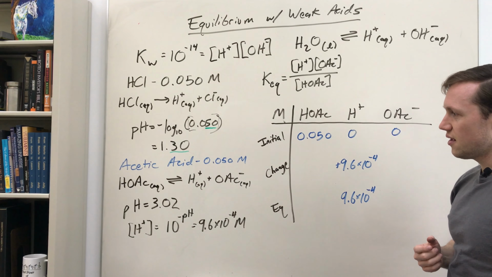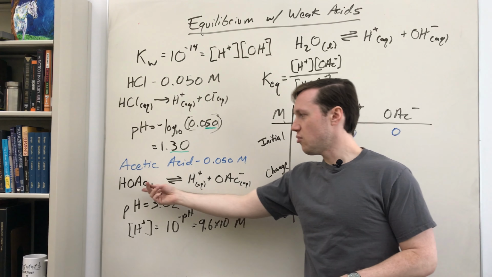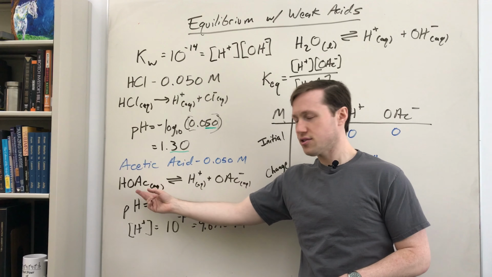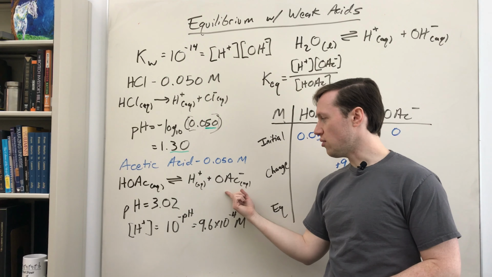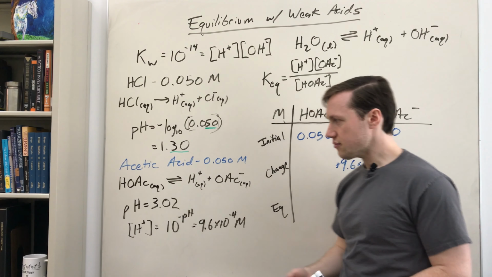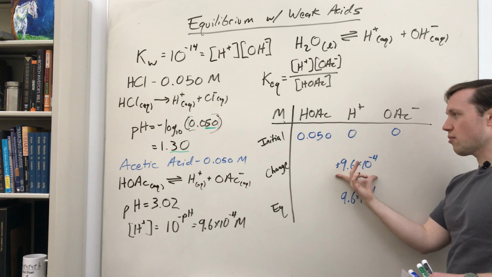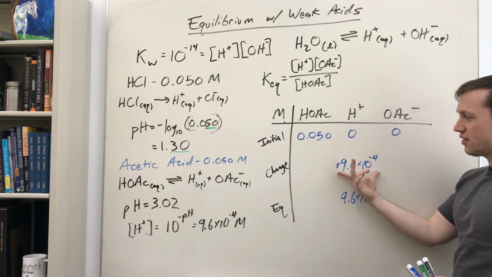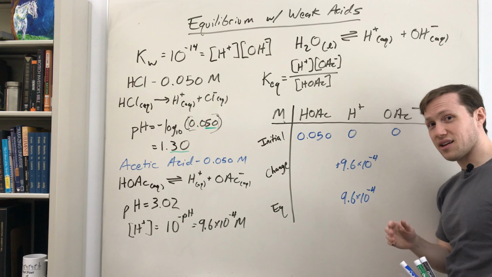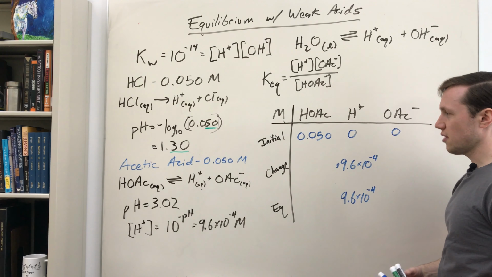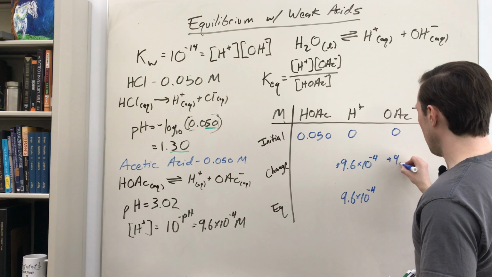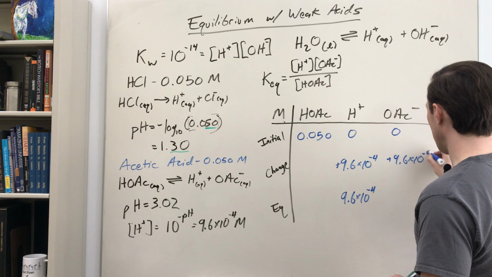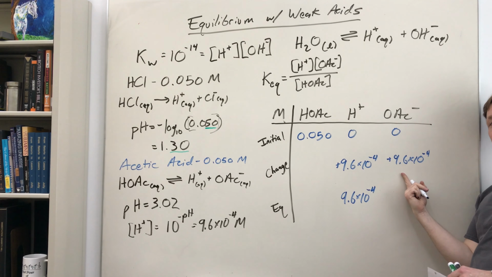That equation is saying that every time 1 mole of acetic acid reacts, it's going to produce 1 mole of H plus and 1 mole of acetate. So, if we formed 1 mole, or in this case, 9.6 times 10 to the negative 4 moles of H plus, that must have meant that we also formed the same amount of acetate.